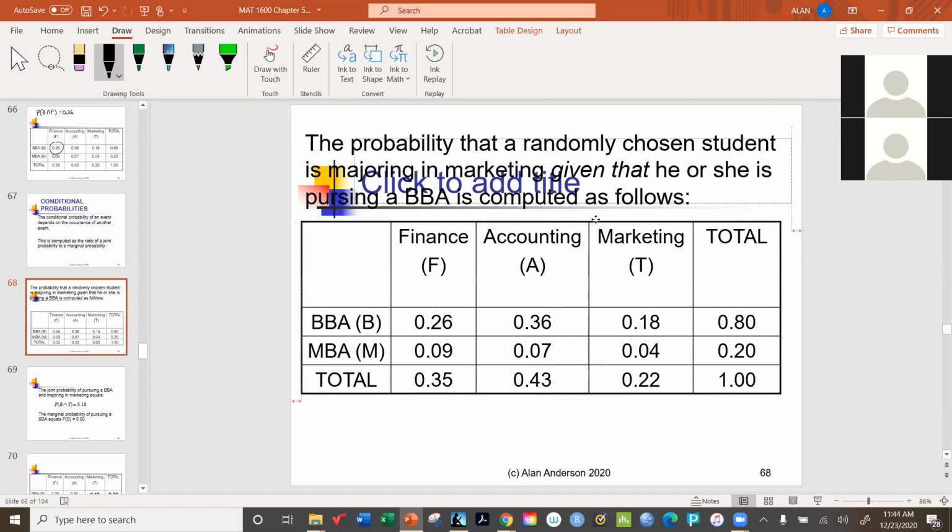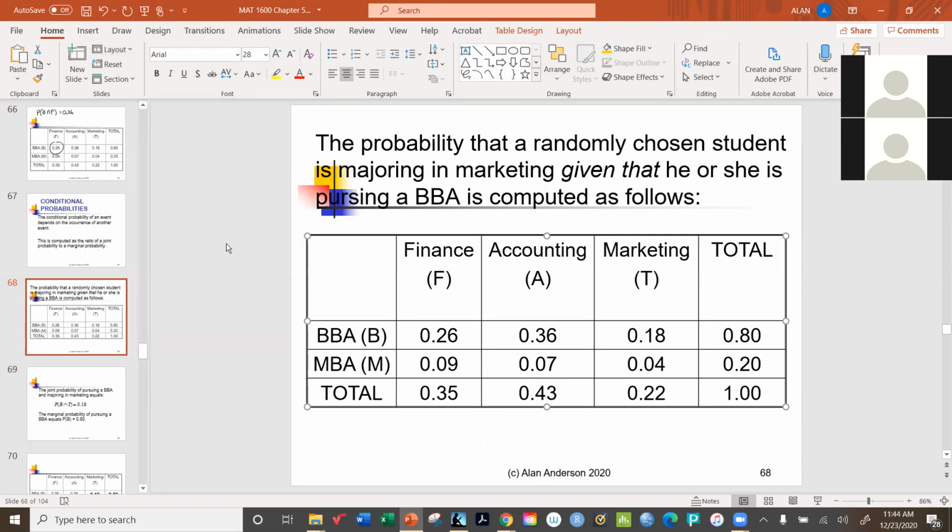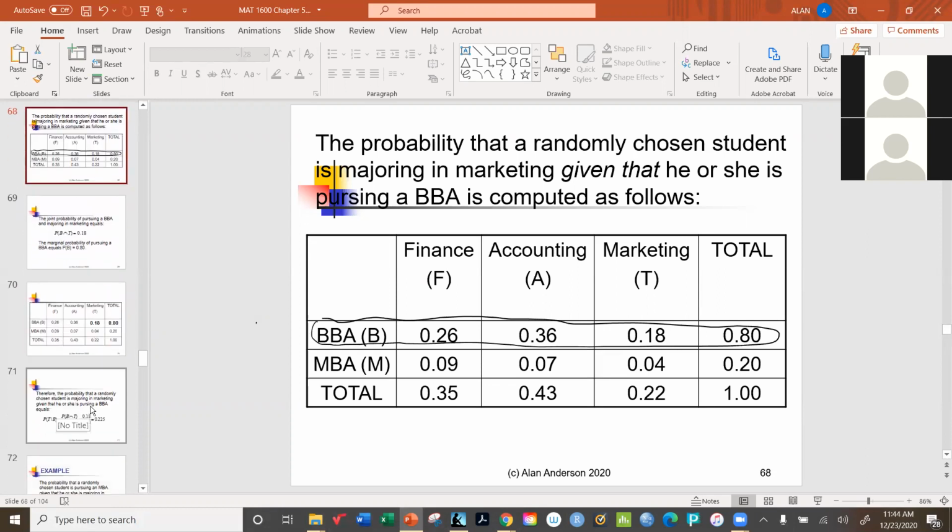Okay, so the probability that a randomly chosen student is majoring in marketing, given that he or she is pursuing a bachelor's degree, what we have to do is just think, well, we're only considering these students, of which these are the only ones that are getting their marketing degree.